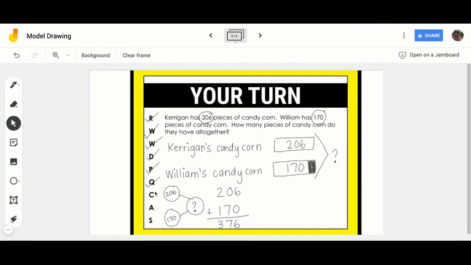Oops, we forgot to check mark some, didn't we? We did our computation, and now we just did our answer, which means we are on our sentence. How many pieces of candy corn do they have altogether?